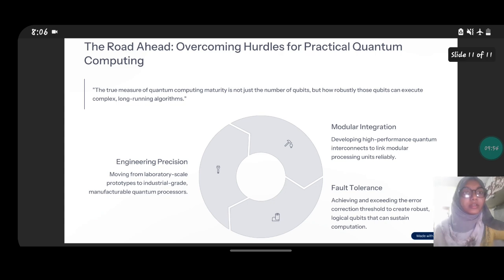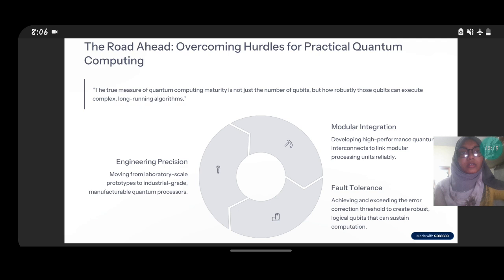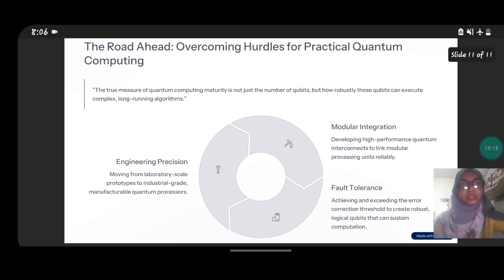Then fault tolerance: achieving and exceeding the error correction threshold to create robust logical qubits that can sustain computation. And engineering precision: moving from laboratory scale prototypes to industrial grade manufacturable quantum processors.